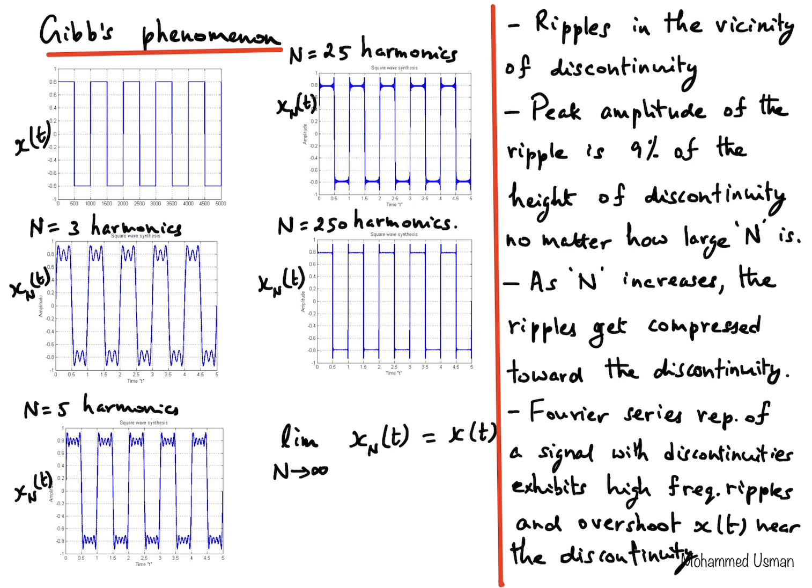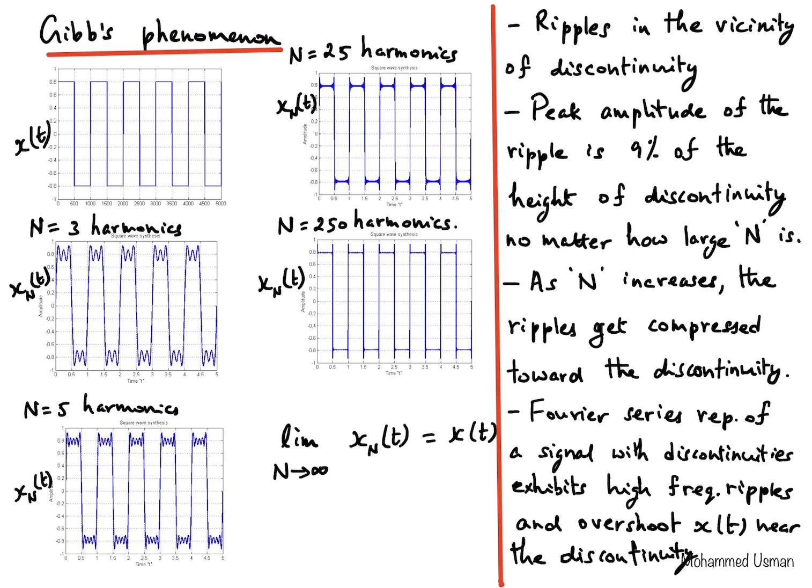What we notice is that as we add more and more harmonics, that means as this n value, the number of harmonics, tends to infinity, the synthesized waveform becomes closer and closer to the actual signal x of t. We see clearly that when we have 250, this is a much closer representation of x of t as compared to xn of t when n is equal to 3. So that's the first observation we make.